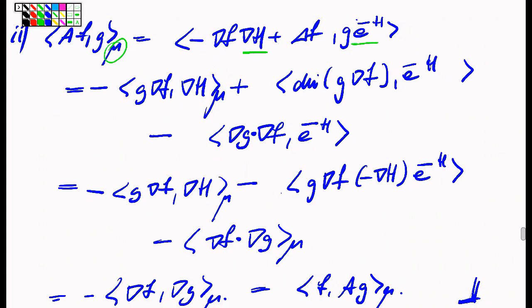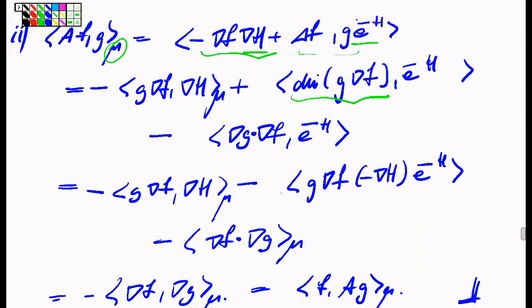And now, by the same argument as above, I want to do an integration by parts, and therefore I write this whole thing that I have here as a divergence of g times gradient of f times e to the minus h. So if I do an expansion of this divergence term, what I obtain is a g times Laplacian, which is exactly this part here, and I obtain a gradient g times gradient f.